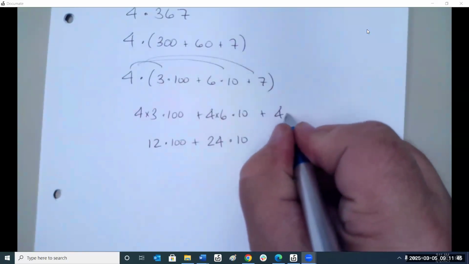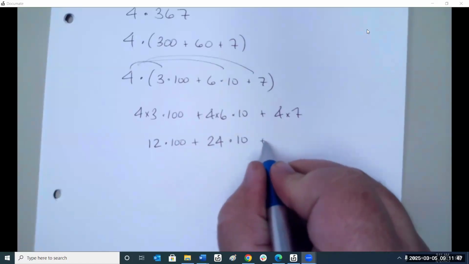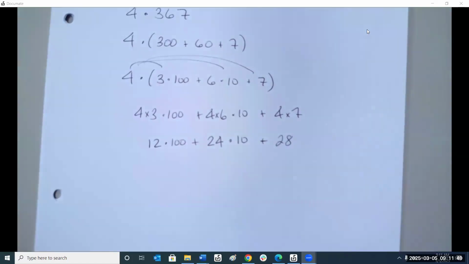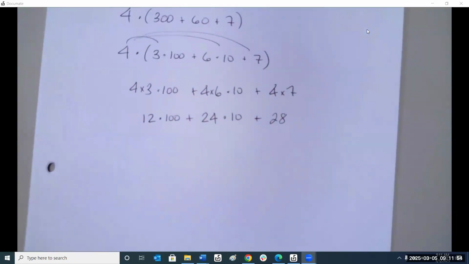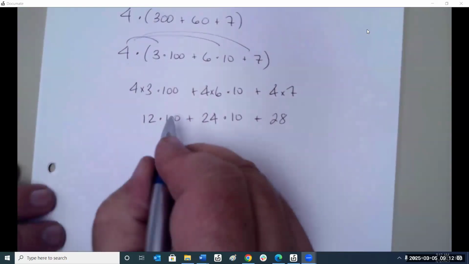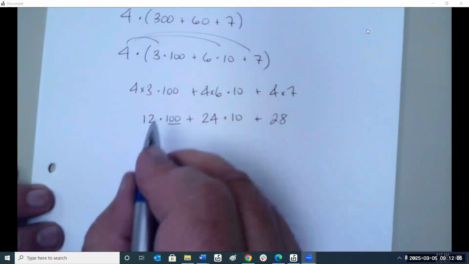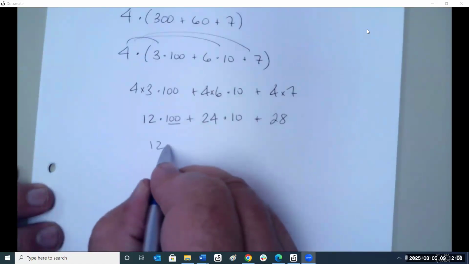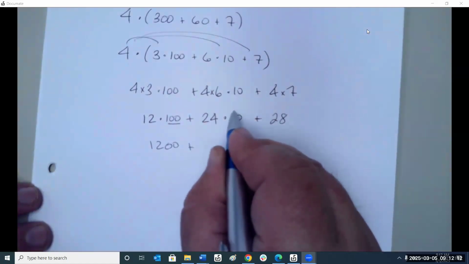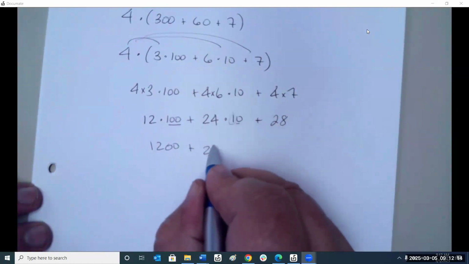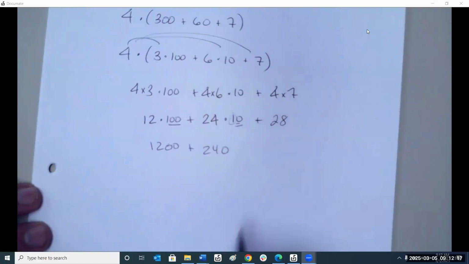And then 4 times 7, which is 28. The reason this is easier for a lot of people is there's no worry about carrying overs just yet. If you're multiplying by 2 zeros, take your number and put 2 zeros behind it. This is a 10, so anything times 1 is itself with 1 zero behind it.